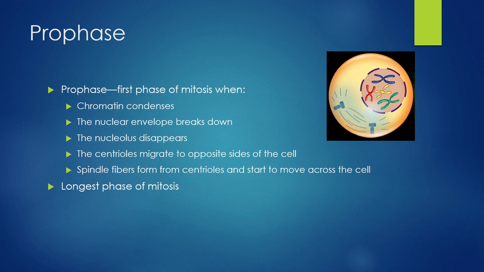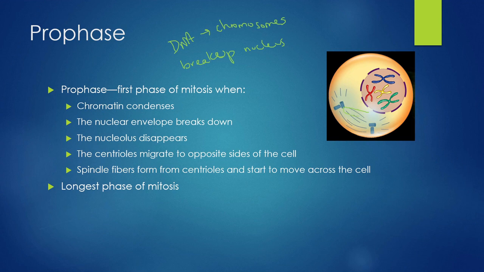So, first thing, prophase is by far the longest and most complicated out of all of the parts. The first thing that happens is the DNA goes into chromosomes. So we form our chromosomes because we got to move the DNA around. We break apart the nucleus, and we form these spindle fibers.